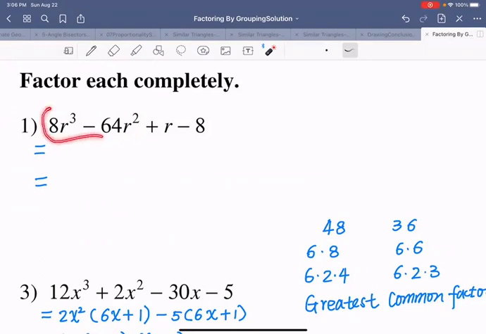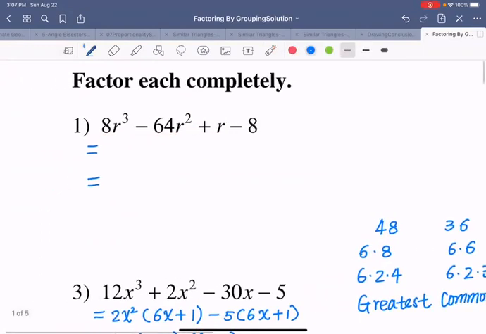Who are the factors for these first two terms? You see here, 8, 64. So 8 is one of the common factors, correct? Yes, Ashley? Yes. And then r cubed, r squared.